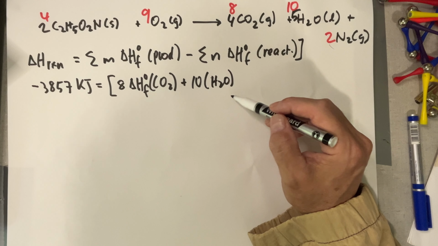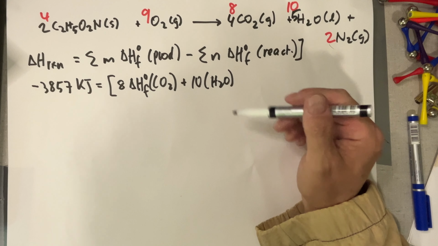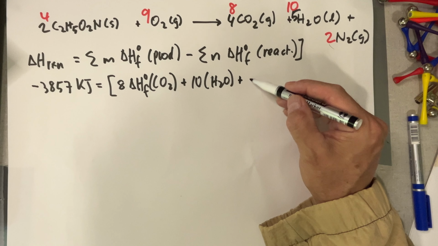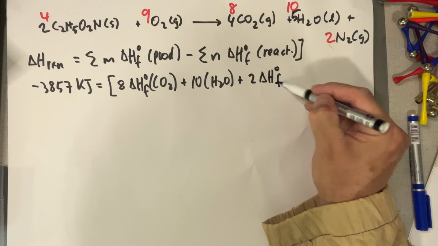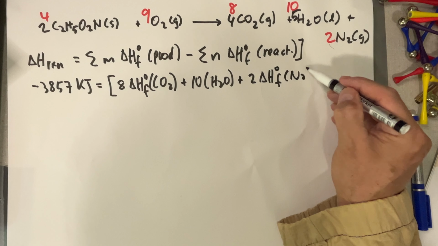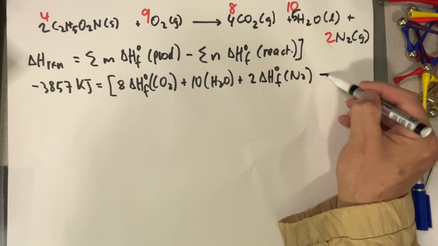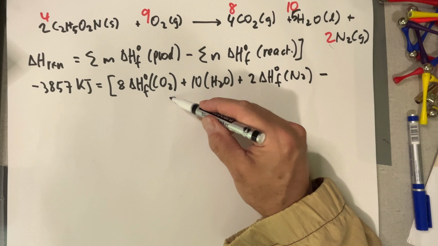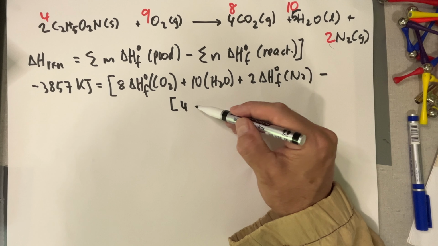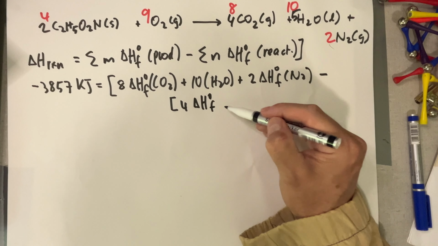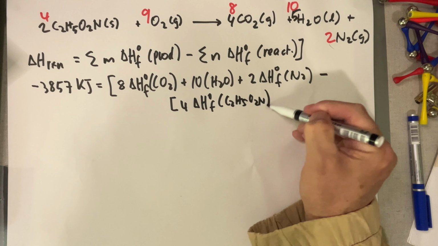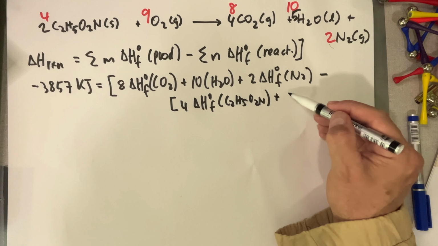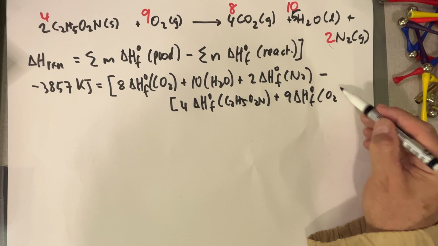I'm not putting the phases again. You know now we're dealing with these phases. Plus 2 times that for the nitrogen, minus that for the glycine, plus 9 formation enthalpy for the oxygen.